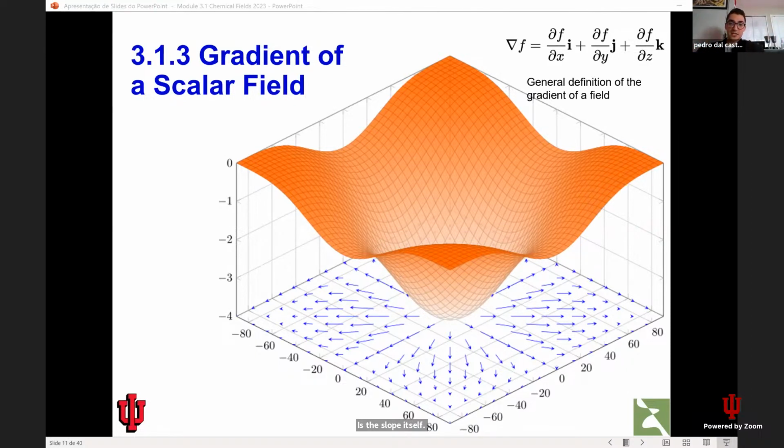So you can see, for example, in the corners, where the slope is lower, the vectors are smaller. And in the intermediate region, where we have the highest slope, the vectors are larger, okay? And they point to the direction of highest increase of the field, okay?